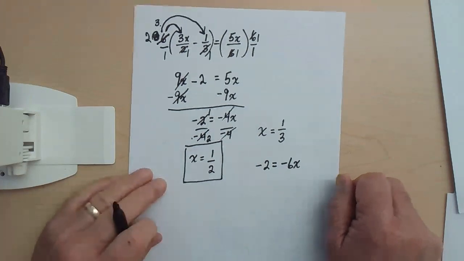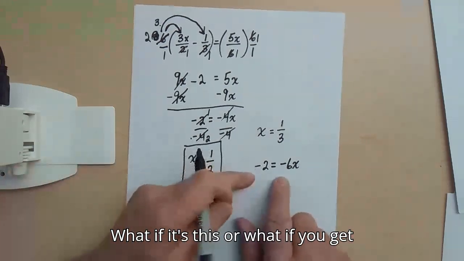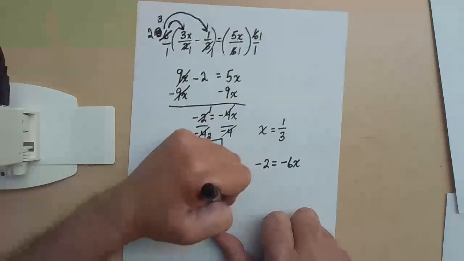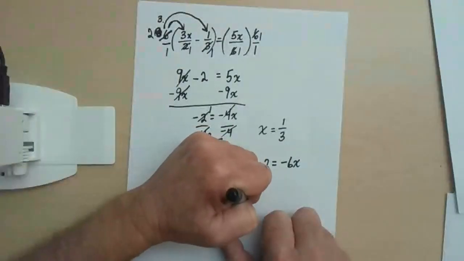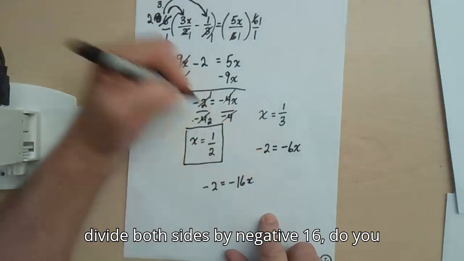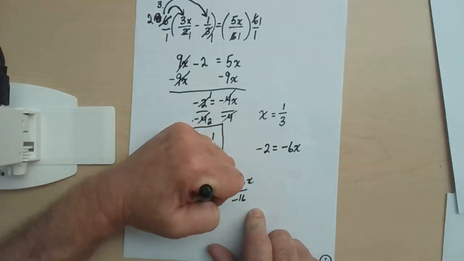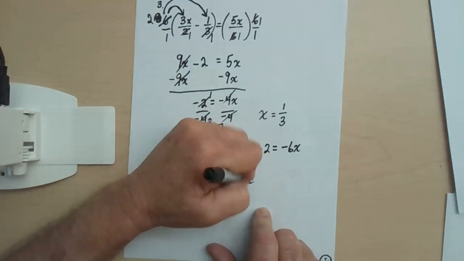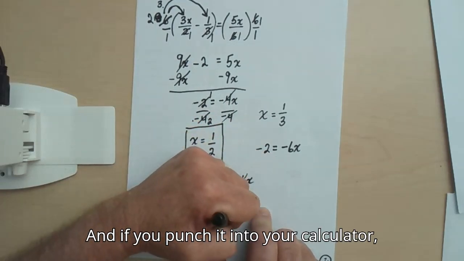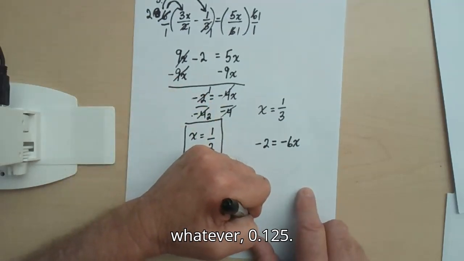Here's the problem with that. What if it's this, or what if you get, then when you solve that, you're going to divide both sides by -16. Do you agree? And if you punch it into your calculator, it's going to tell you that it's whatever, 0.125.